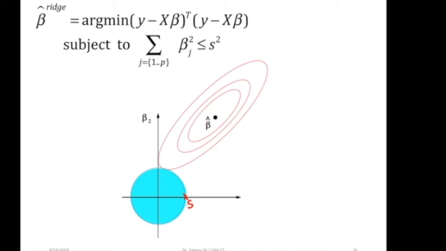Okay, now I have two goals, right? On the contour map, I want to be as close as possible to that oval-shaped center, but I need to satisfy the other criterion: the point has to be within this blue circle too. And this is exactly what ridge regression is doing. We have two goals, we want to satisfy both.